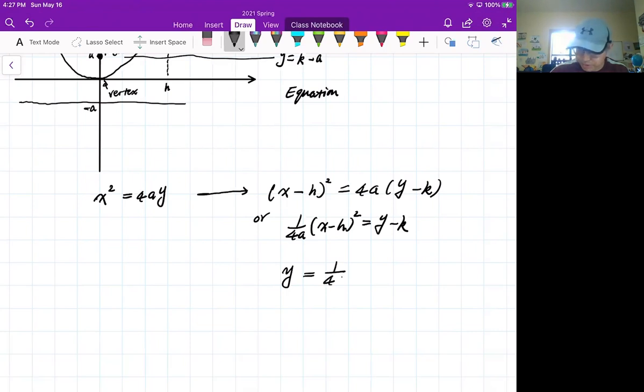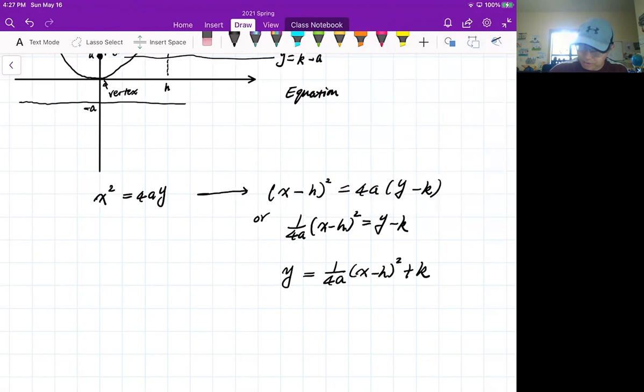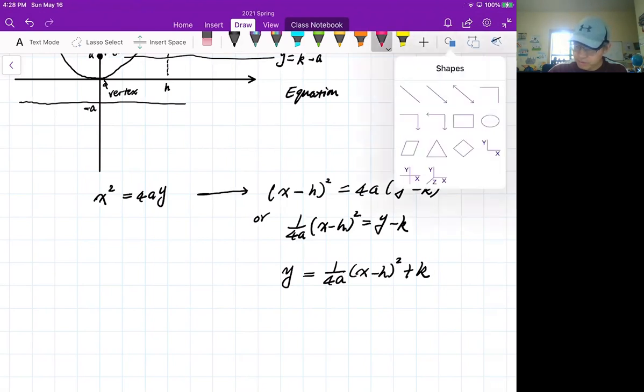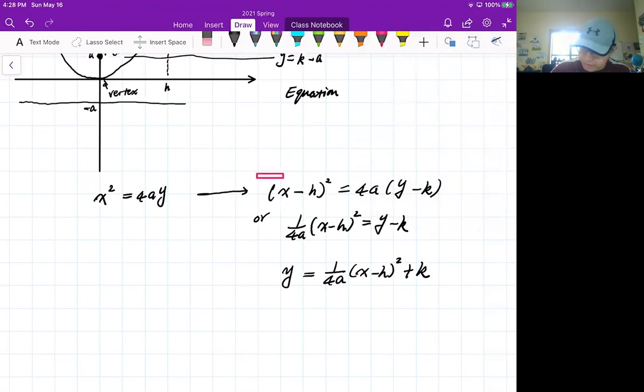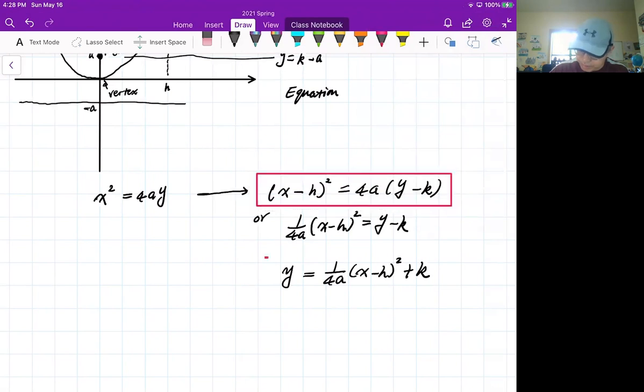So it's y equals 1 over 4a times x minus h squared plus k. You can use either one of those. They are both acceptable.